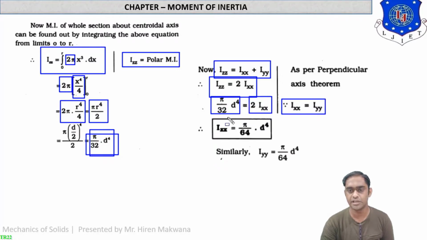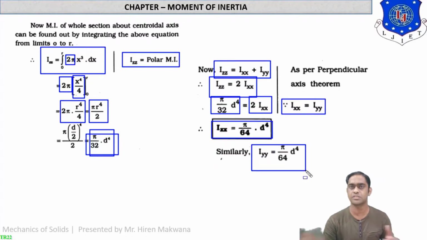Move 2 to the division on the left side. So Ixx will give you the answer pi by 64 d raised to 4. Similarly, Iyy is also the same, pi by 64 d raised to 4. So hence we are getting the formula of the circle. Moment of inertia of the circle will be given by pi by 64 d raised to 4. So this is the third theory, the derivation of the formula of the circle.